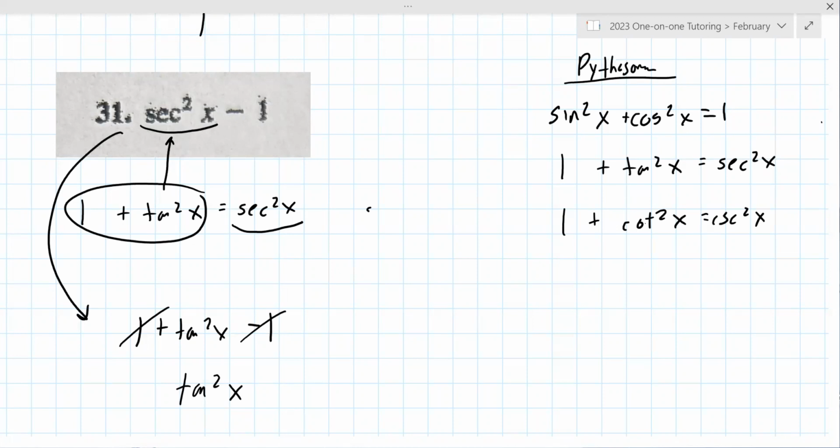Okay, so why don't you try 32? It's really similar. You're going to be using these identities again. I'll just put it here in the middle of the screen.